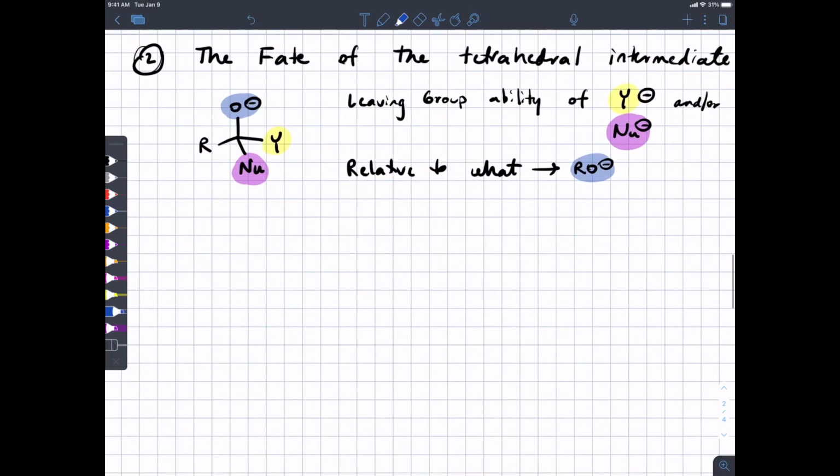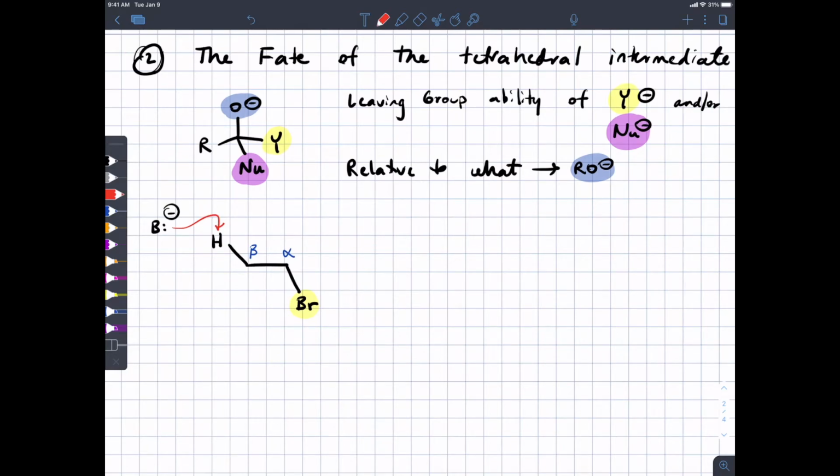To talk about what happens next, it's useful to make a connection with something you learned in 351. You did elimination reactions where you have a leaving group here. We'll call the carbon that bears the leaving group the alpha carbon. The one adjacent to it is a beta carbon. And you've done reactions before where a base removes the beta proton.